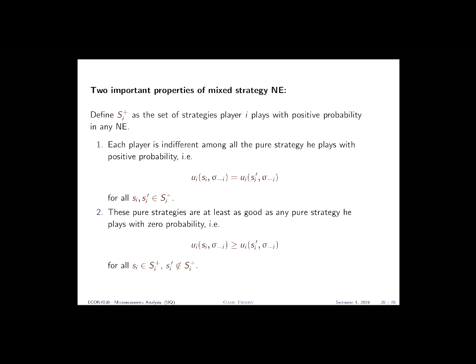Suppose I'm going to play a penalty shootout in football with a goalkeeper, and I'm going to mix between obviously left and right, because if I say I always kick to the left, then he's going to jump to the right and get the ball. Now, I'm going to give some probability to the left and some probability to the right.